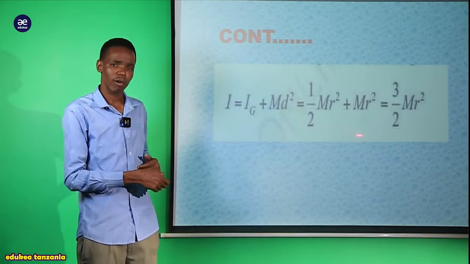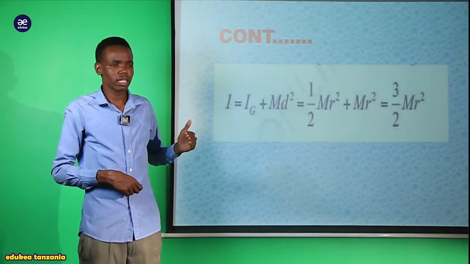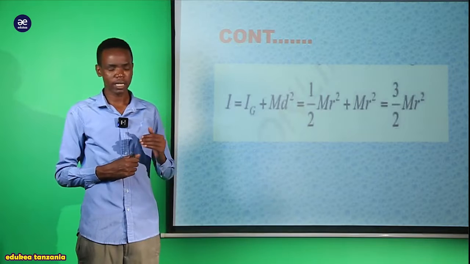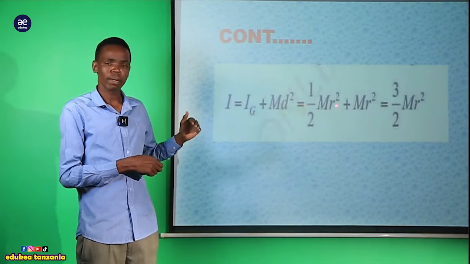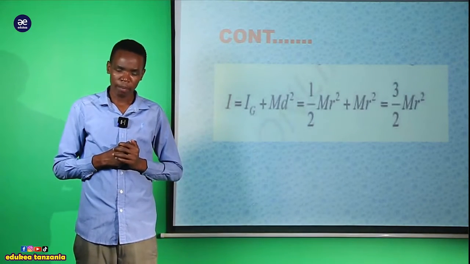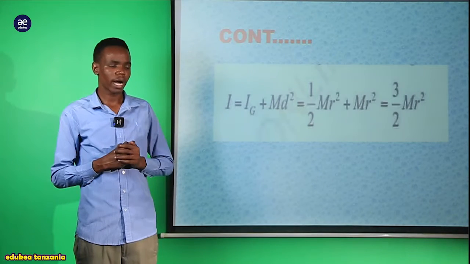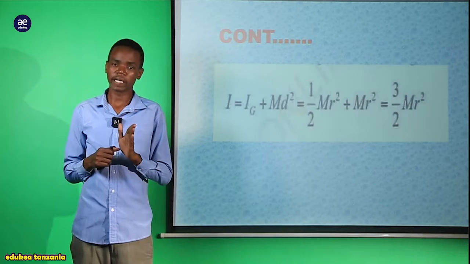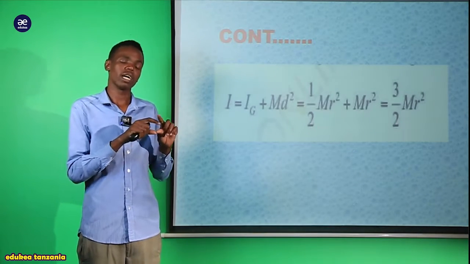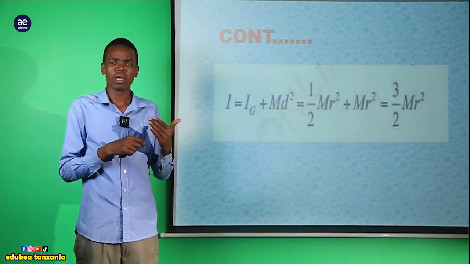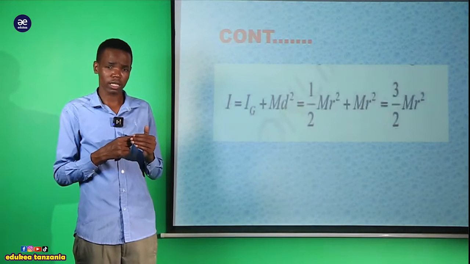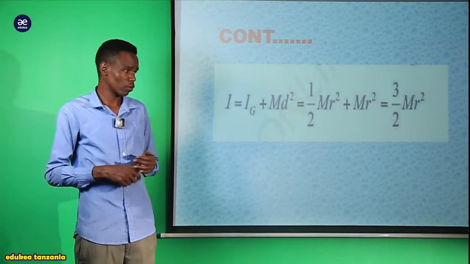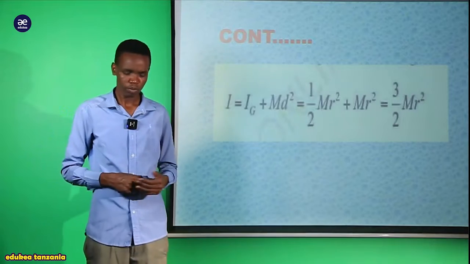And here we could continue, as for the solid sphere, by saying that this d must be equal to r, because it indicates where the elemental ring is located on the axis of rotation.